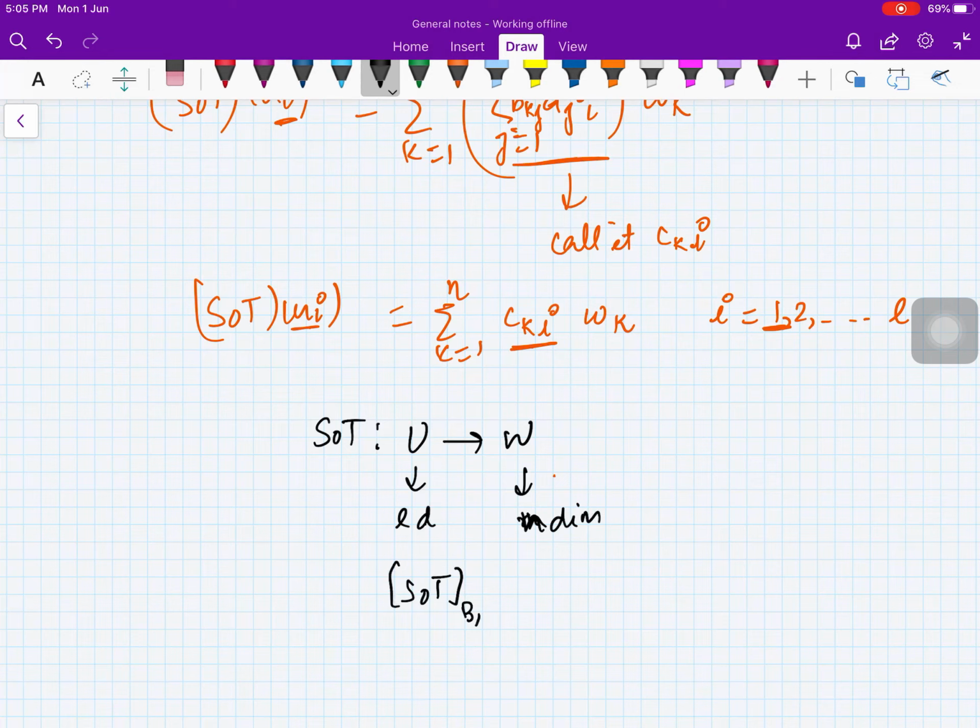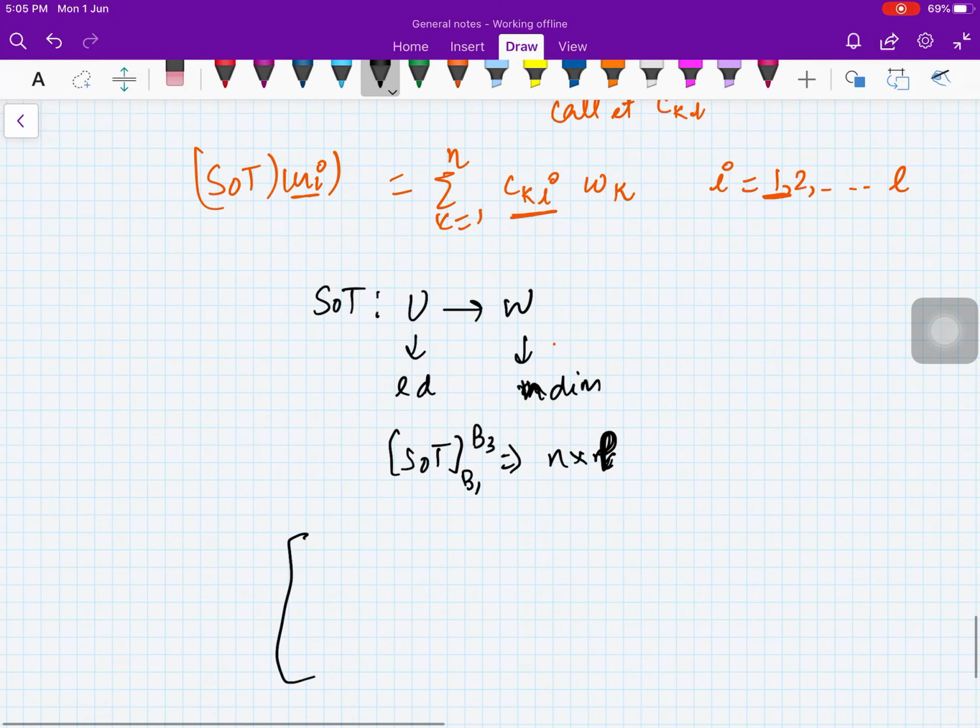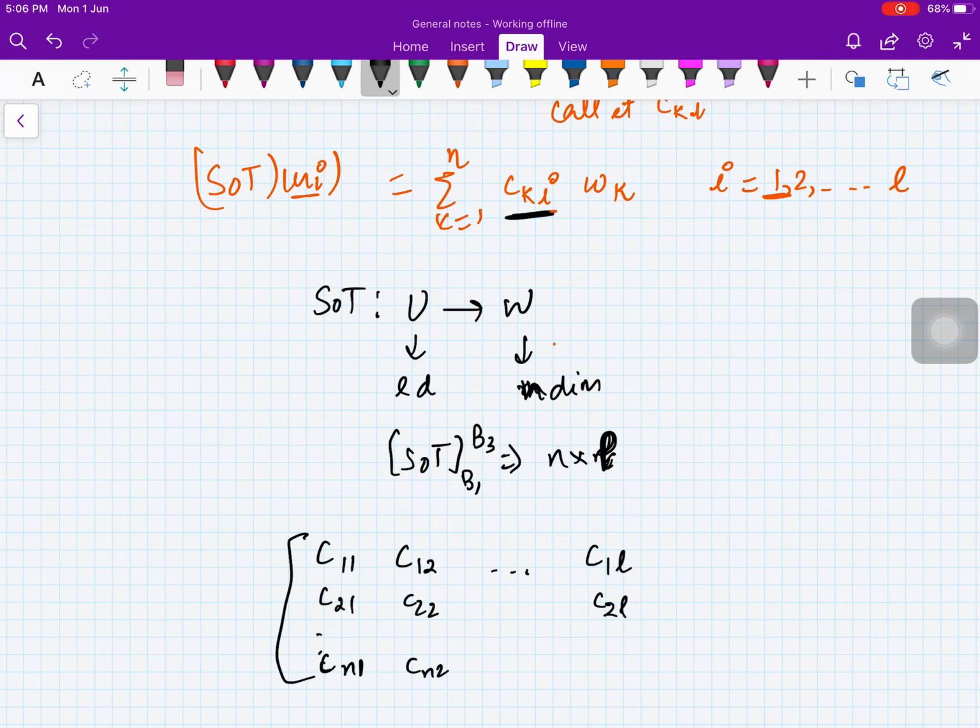So your matrix of S composed with T with respect to bases B1 and B3 is going to be of the size N cross L, right? The first column will be when I is equal to 1. So you will get C11, C21, up to Cn1. And then for I equal to 2, you will get C12, C22, Cn2, and so on. Then when I is equal to L, you will get C1L, C2L, CnL. So this is an N cross L matrix.